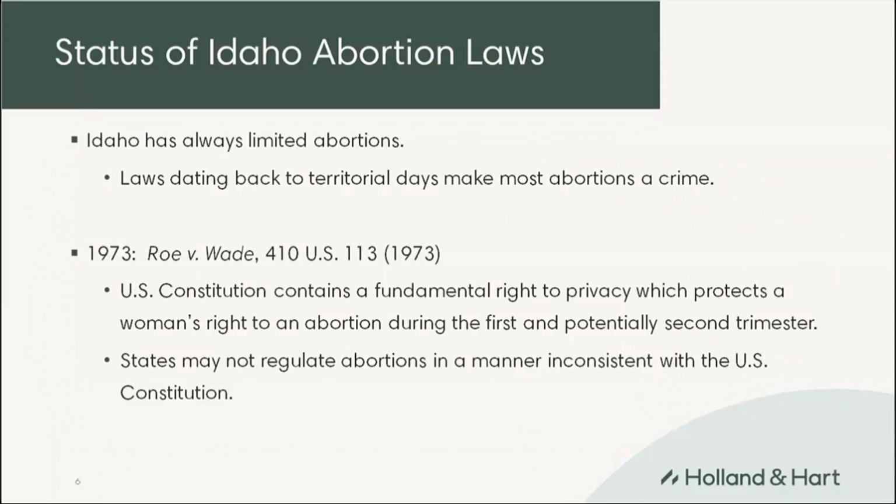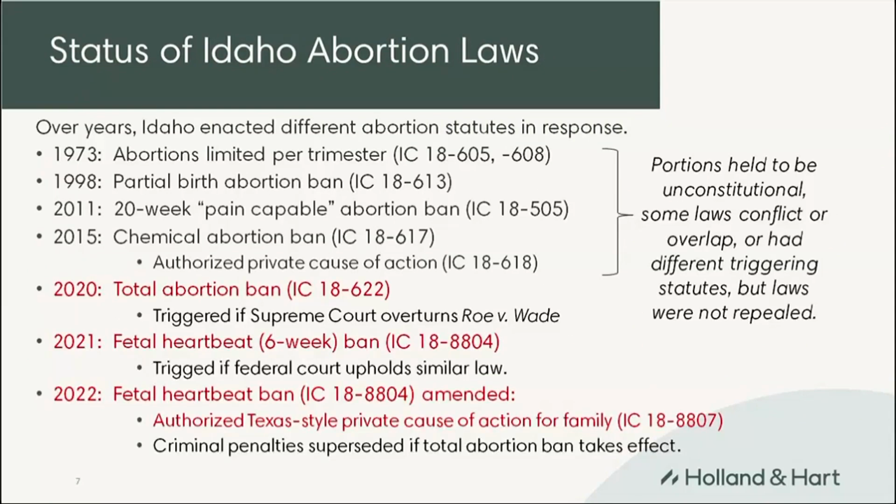All right, with that said, let's talk about the abortion laws. In order to understand our current situation, you have to go back in time and understand how we got here. Idaho has prohibited abortions from the very beginning. Of course, that changed in 1973 with Roe v. Wade, which basically allowed, as a federal constitutional matter, abortions under certain circumstances. In the wake of Roe v. Wade, over the years, the Idaho legislature passed a whole series of different abortion laws trying to get around Roe v.